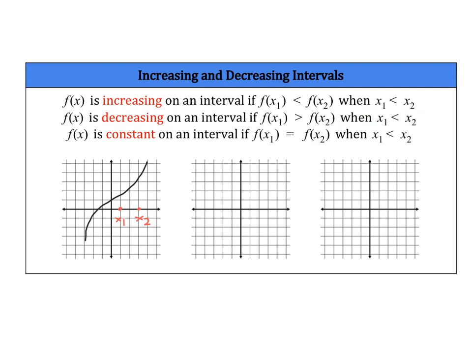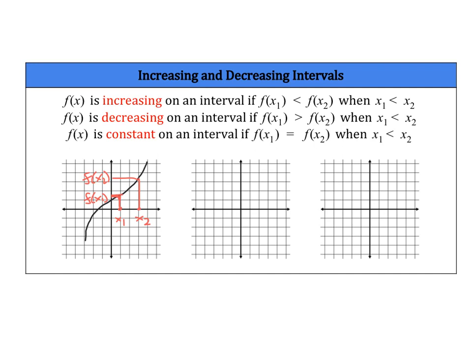So if I compare their y values, I can see this would be f of x sub 1, and this is f of x sub 2. So I can see that f of x sub 1 is less than f of x sub 2. So this graph is increasing. Of course, another way of looking at this is if you read the graph from left to right, our graph would be going up.